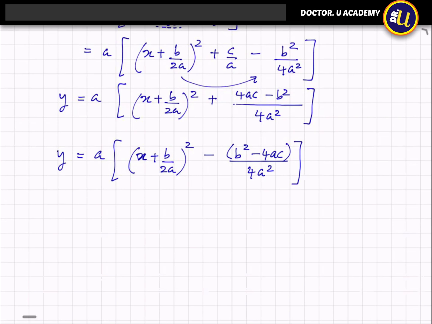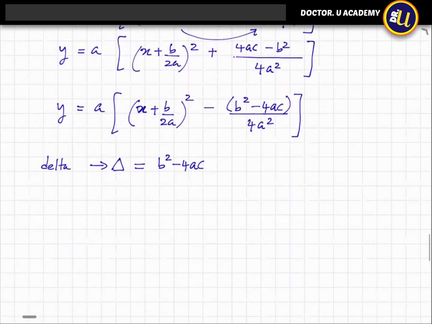Now we define a value we call delta here, which is equal to b squared minus 4ac. So you can write y is equal to a times x plus b divided by 2a, the whole thing to the power 2, minus delta divided by 4a squared.